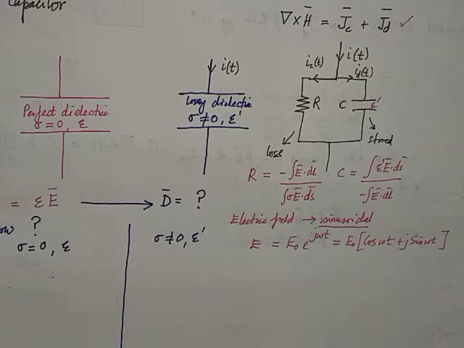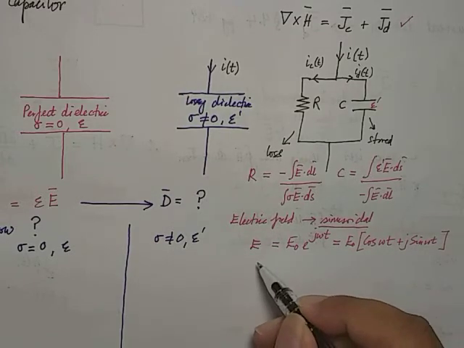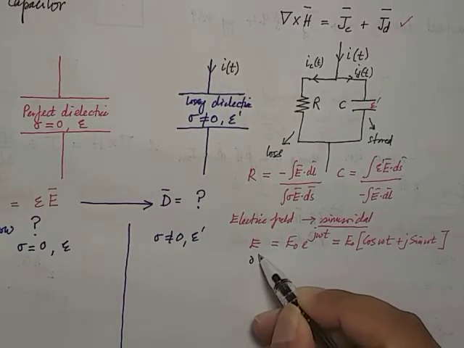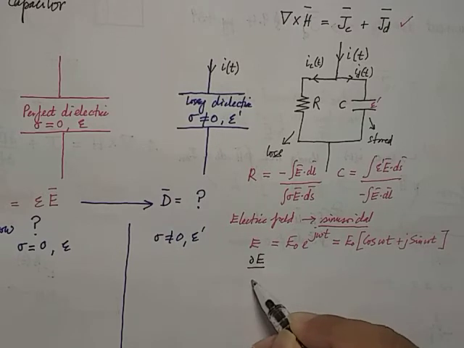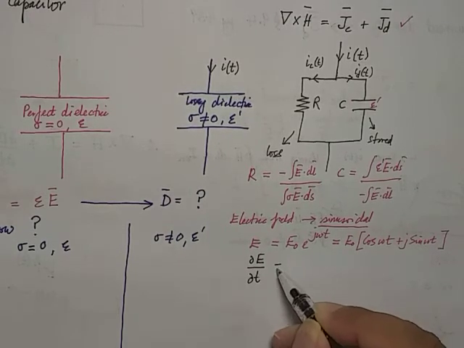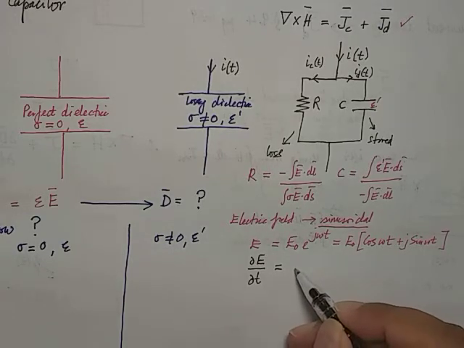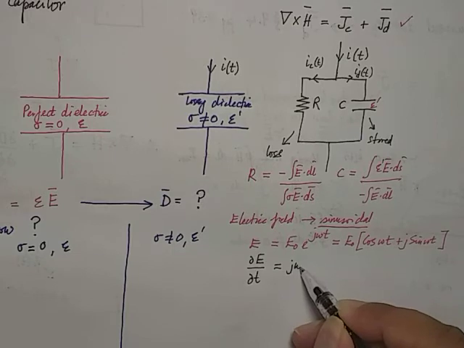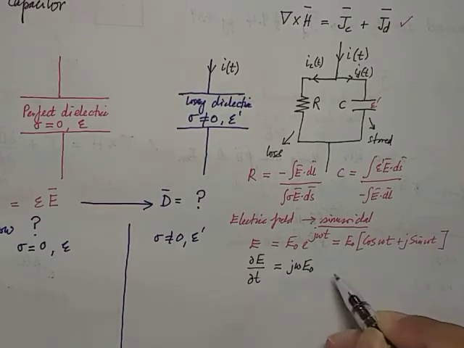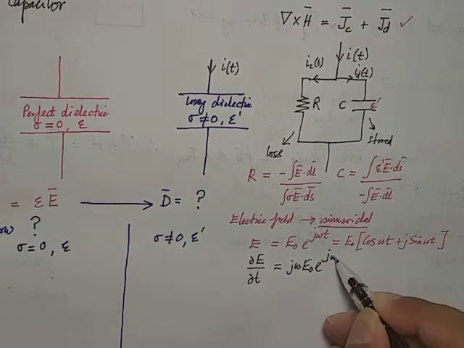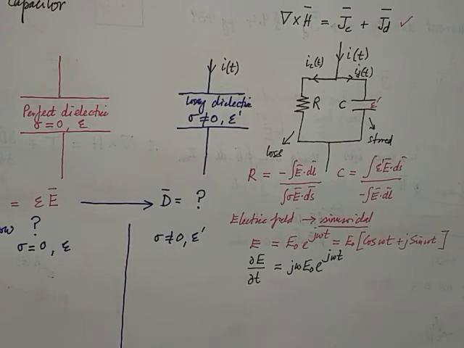as shown by these equations. Yeah? So now, if I say dE over dt, mathematically going to be equal to what here? So let's do this differentiation. Then you're going to say to me, doctor, it's going to be equal to j omega E naught exponential j omega t. Agree?